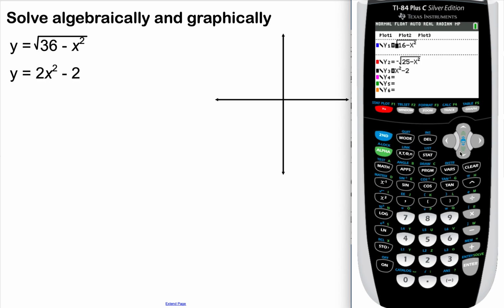Remembering for a circle, I need to solve for y and then do the root and its opposite. So we do the square root by getting y alone and the opposite. And then I need to be able to draw a relatively accurate graph, not perfect, but a reasonable guesstimate.